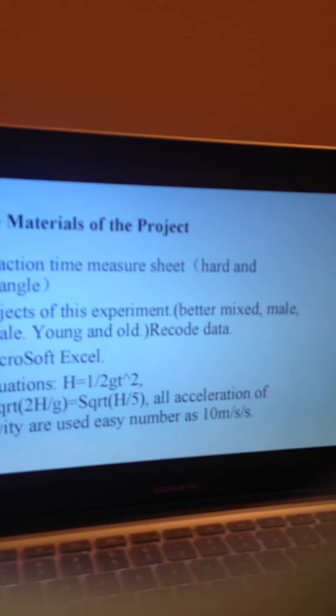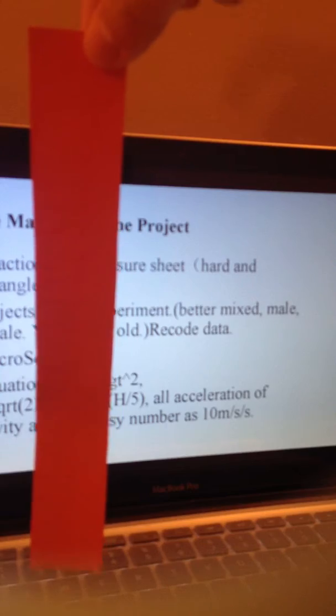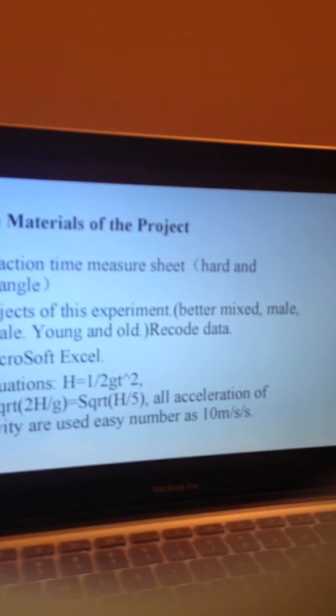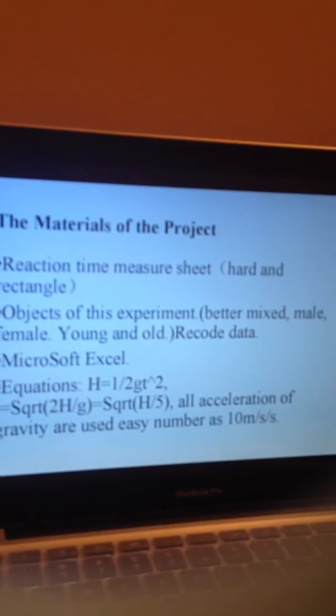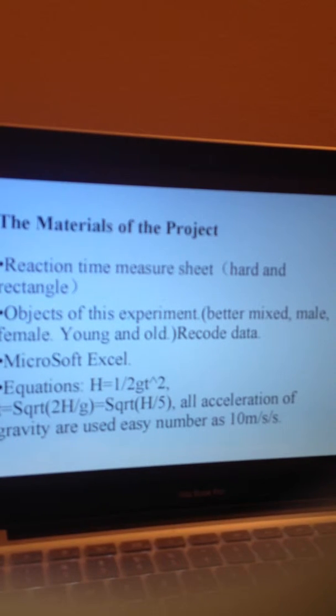First of all, we need to prepare the materials of this project. We need a reaction time measure sheet, which looks like this. And this sheet is going to be hard, rectangular, and wide. Second, we need measured objects for this experiment.